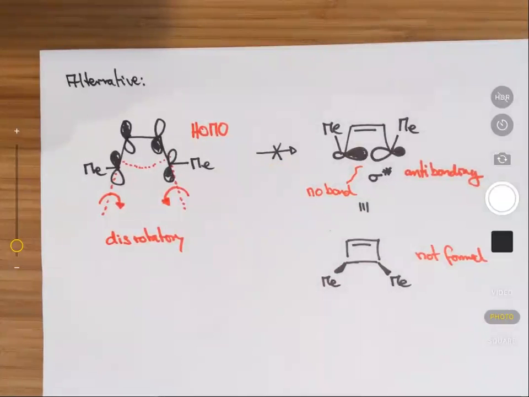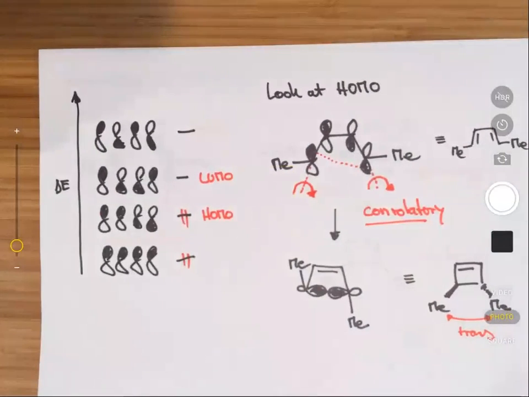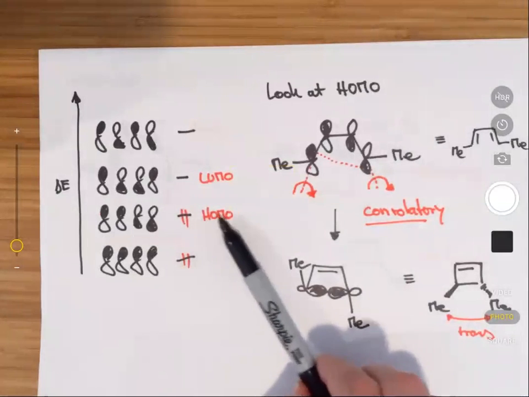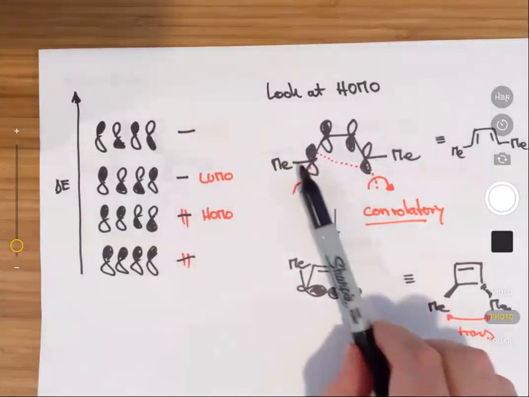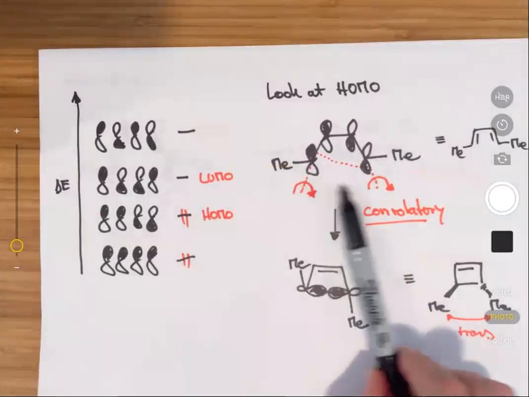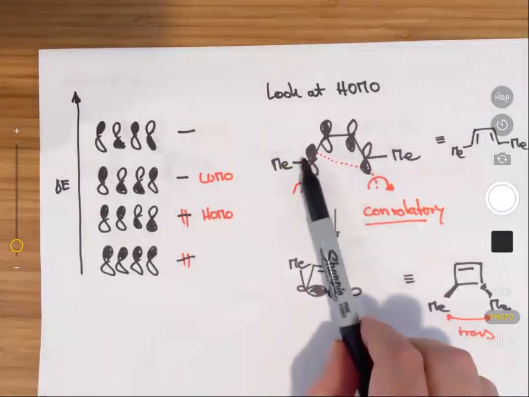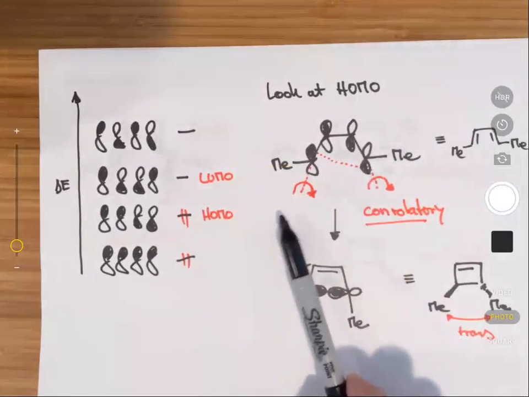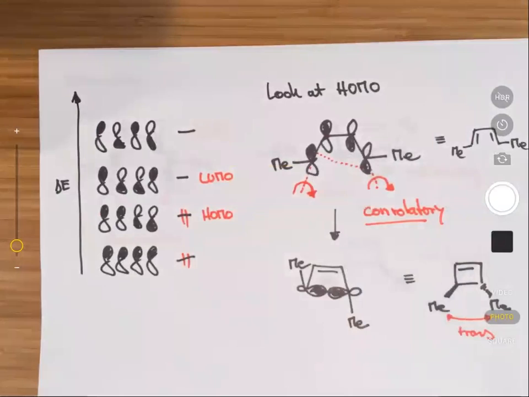Now, if we have a pi system, let's go back just one slide, that looks a little bit like this, where we have 4 electrons and we can analyze the highest occupied molecular orbital, and we look which direction we have to rotate these ends of the pi system to form this new sigma bond, so that a shaded lobe and a shaded lobe interact, or an unshaded lobe and an unshaded lobe interact.